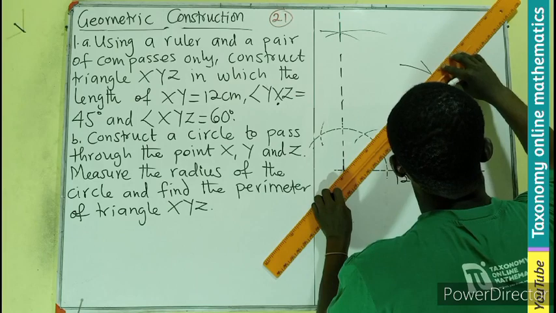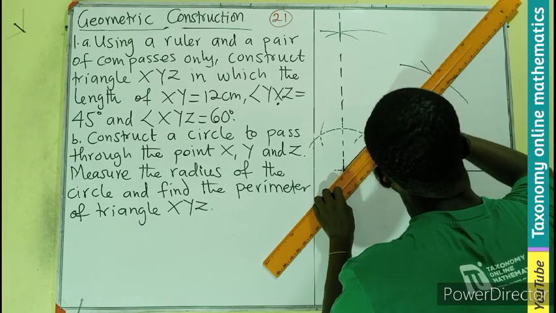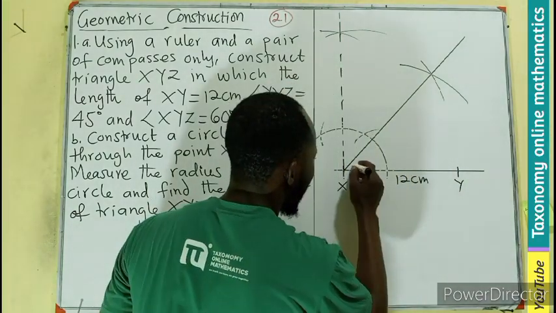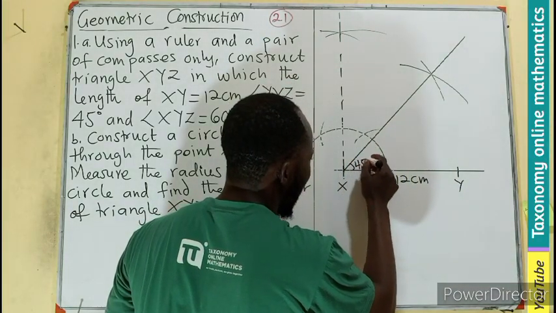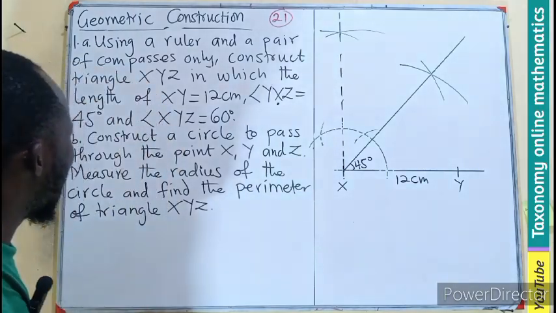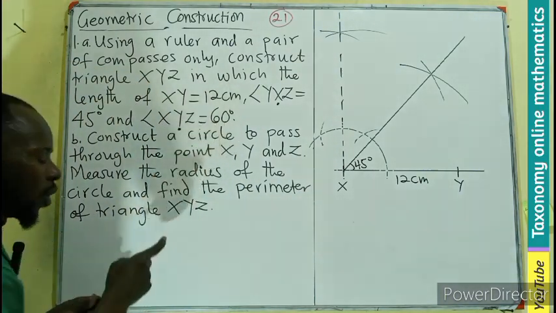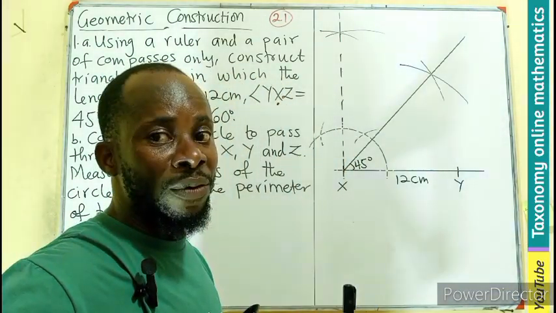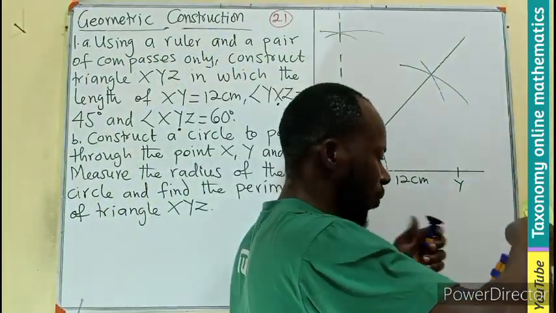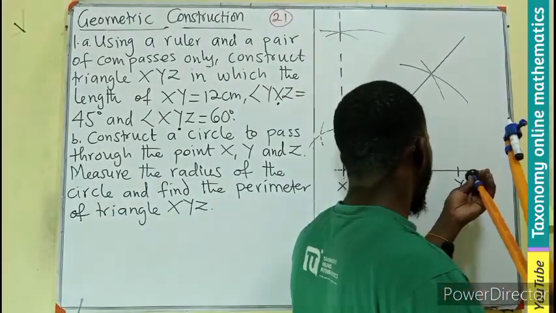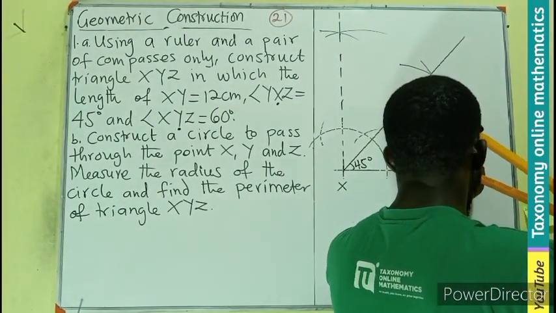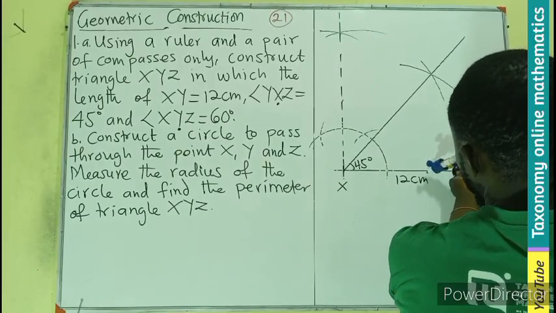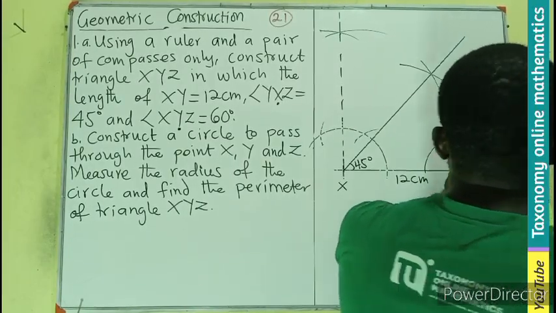So I have my 45 degrees. The next angle is on Y, which is 60 degrees. Very simple to construct. If you watched the previous episode, you will know what to do. If you don't, check the playlist and get that. So you stand at B, open any convenient radius, make a semicircle.